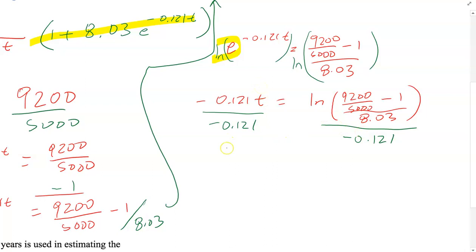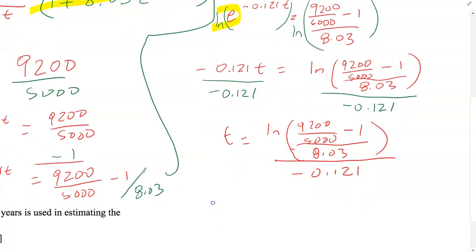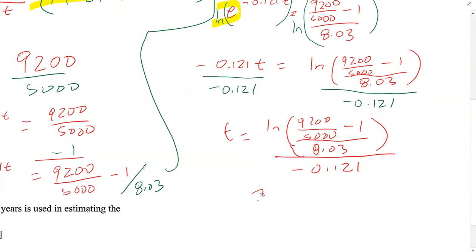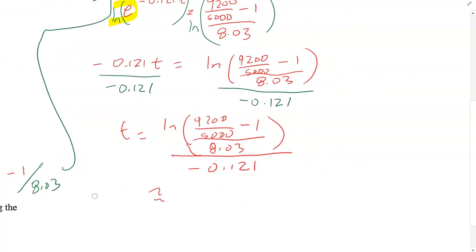So then t is equal to ln of 9,200 over 5,000 minus 1 over 8.03, the ln of all of this over negative 0.121. You plug that in your calculator, you should get a nice approximate answer. So let's do it.